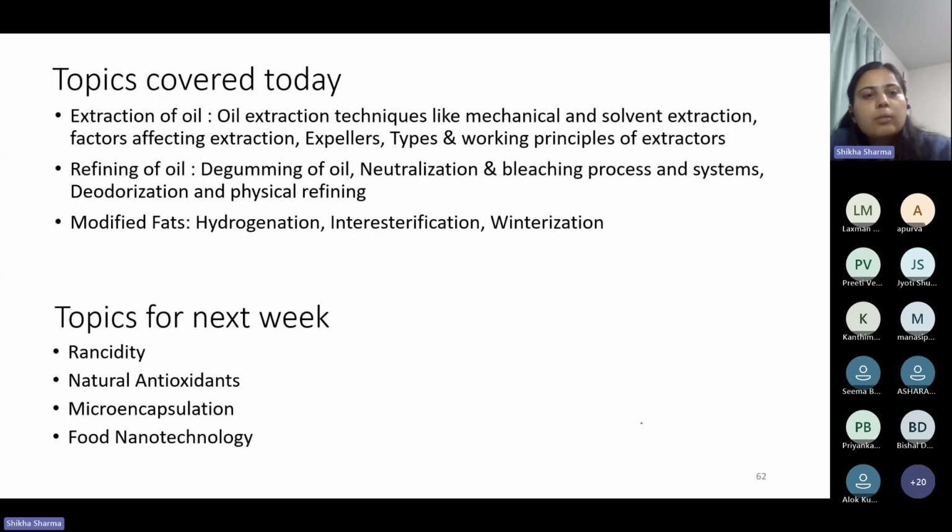Then modified fats like hydrogenation and interesterification, where we discussed the two processes, chemical and enzymatic, and then the winterization process. In the next week we will discuss rancidity, natural antioxidants, microencapsulation, and food nanotechnology. If you have any doubt in today's lecture, please feel free to ask.